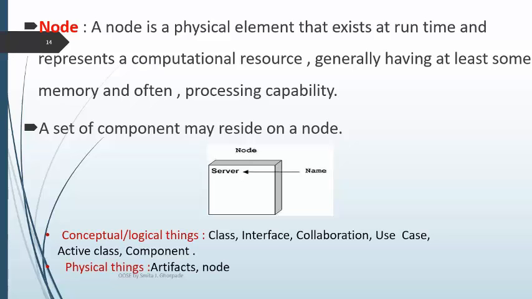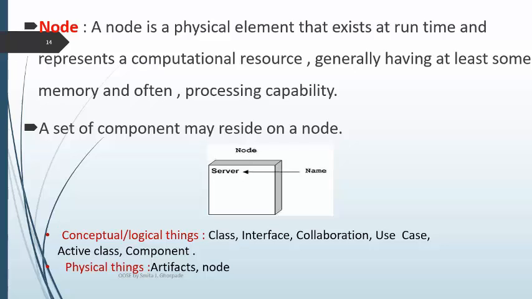So here we discussed different structural things like class, interface, collaboration, use case, active class, components, artifacts, and node. Among these, structural things are again divided into conceptual things and physical things. Conceptual things mean having certain concepts or logic for creating a component.